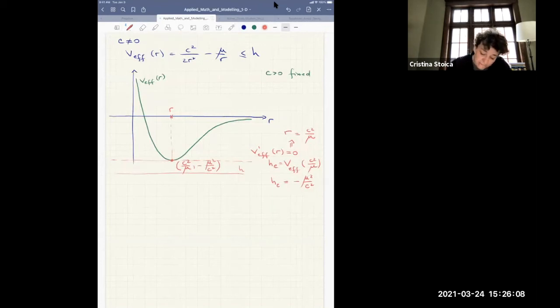For this value of energy, there is only one position allowed, a distance R equals C squared over mu. So that's an equilibrium, because it doesn't move from there. The satellite will move at the same distance around the Earth. So it will be a circular orbit.